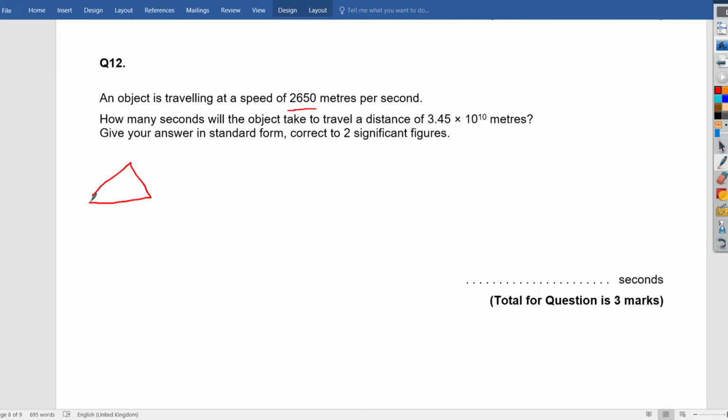the distance, speed, time triangle. The distance goes at the top, speed, time. I know the distance is this, and I've got the speed is this. So it takes how many seconds? Time. So time is going to equal distance, which is 3.45 times 10 to the power 10, divided by speed, which is 2,650.